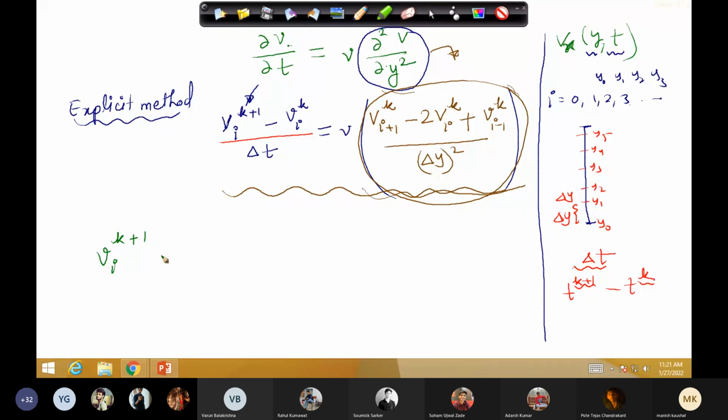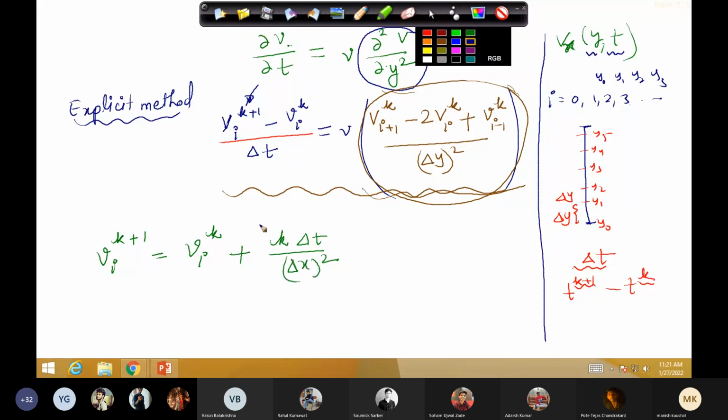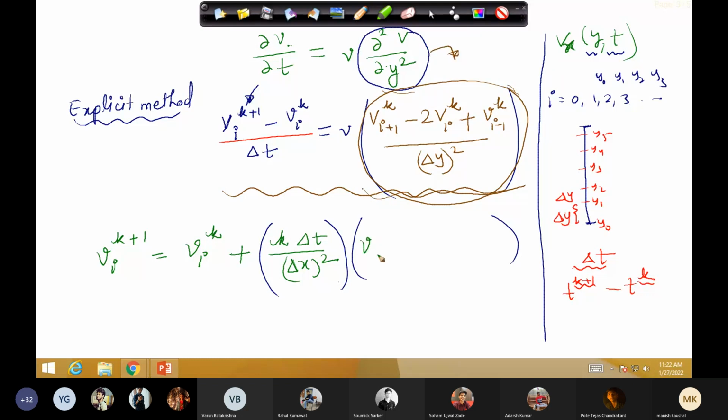If you arrange it, you can write V i k plus mu delta T by twice delta X square times V of i plus 1 k minus twice V of i k plus V of i minus 1 k.